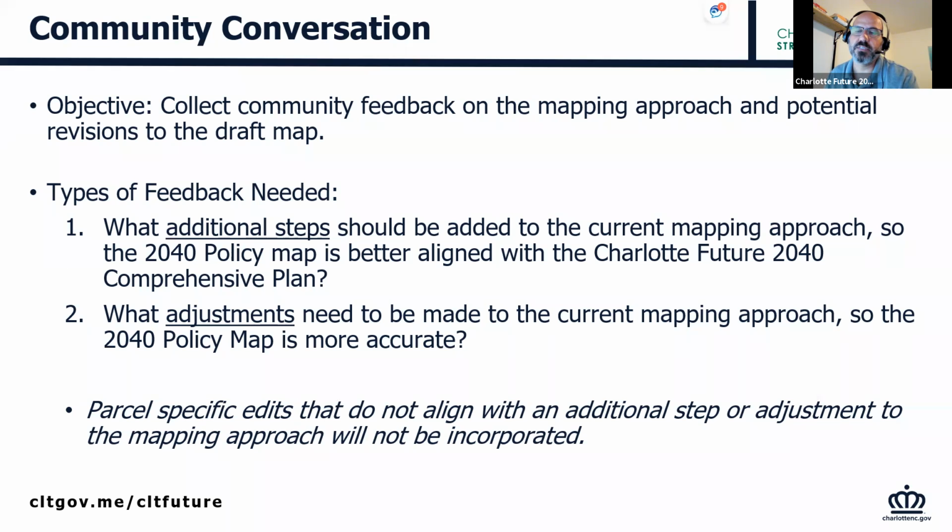Now, what this process cannot do is incorporate parcel specific revisions that do not inform an overall change to the citywide mapping approach. Again, this is a citywide mapping effort that must balance future needs and opportunities. But obviously, if there are specific parcels that you have questions about or where you see an inaccuracy, we do need to hear from you so we can highlight those changes.